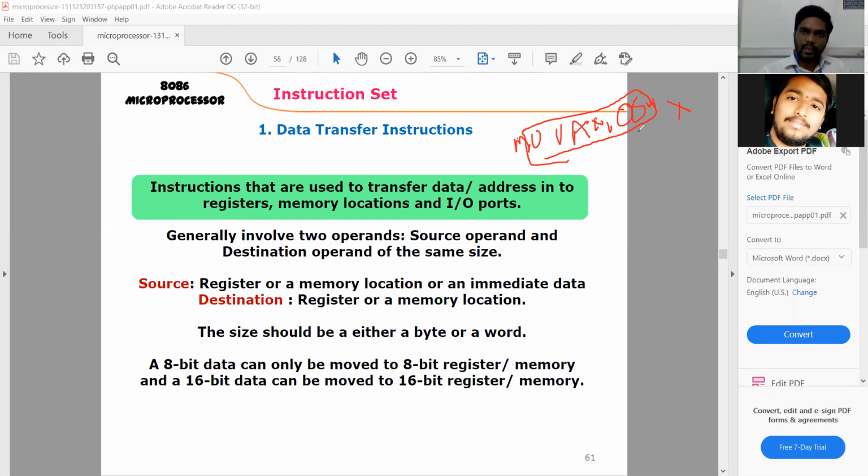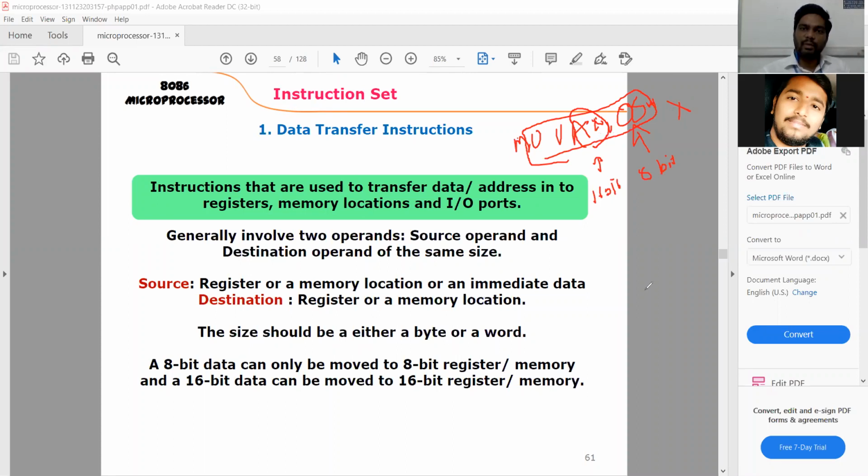Here the source is of 8-bit size, but the destination is of 16-bit size. That is why this instruction is not valid.